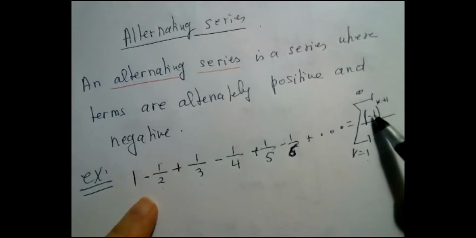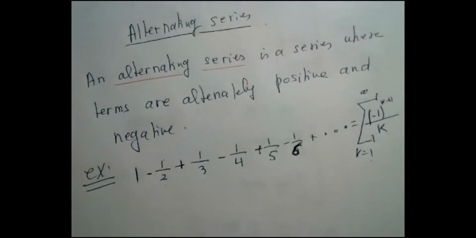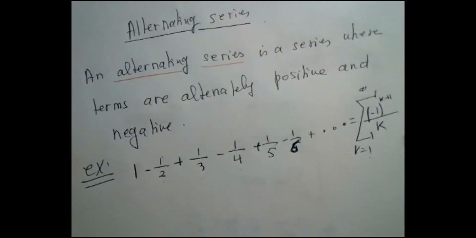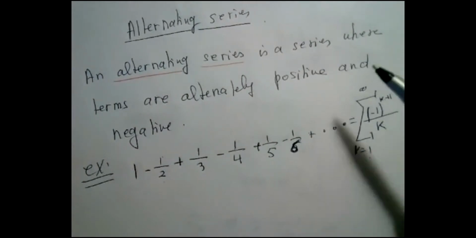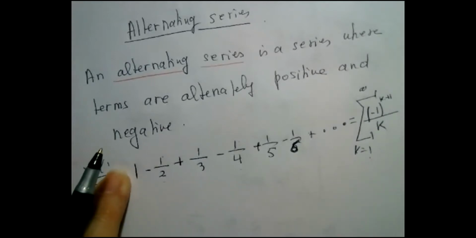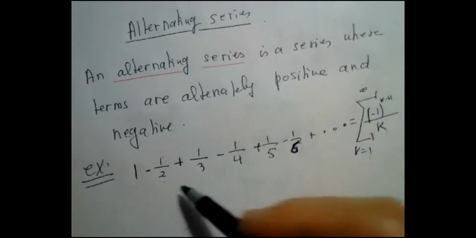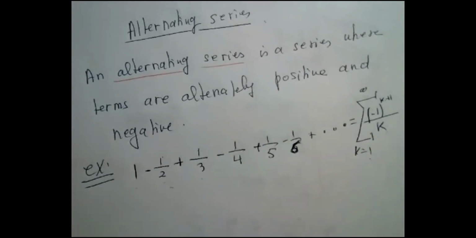At k equal to 2, I have (-1) to the 2 plus 1, which is going to give me -1/2, and so on and so forth. So it's k plus 1, Brian, because (-1) to the k will not do it. (-1) to the k will give me a minus in here. So once you write it in sigma notation, go back and see, is it really working correctly this way?